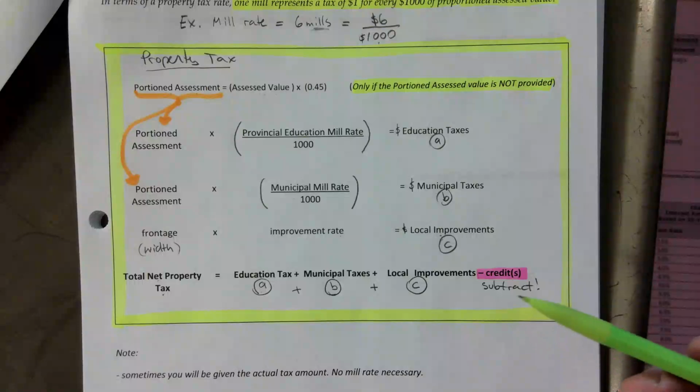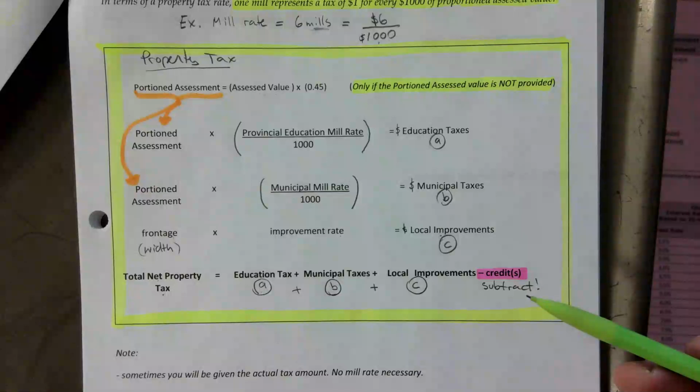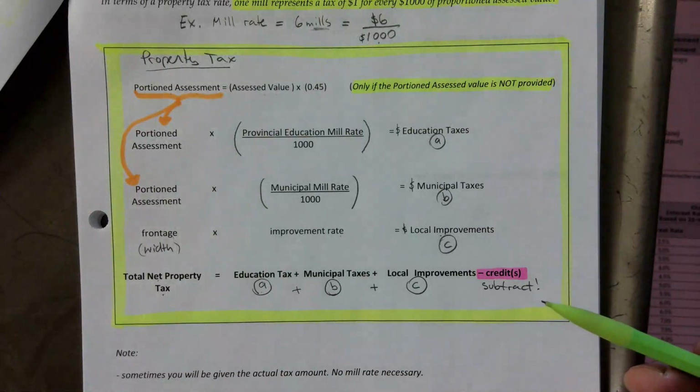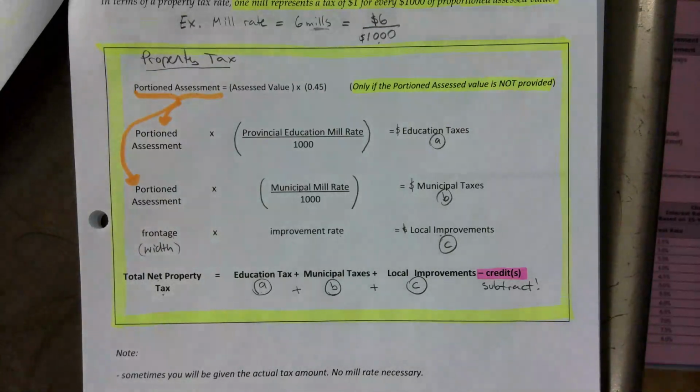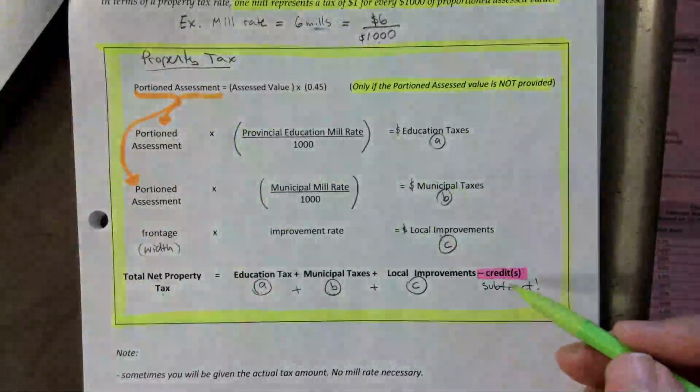The credits are when the government finds out that or the city finds out that they didn't end up using all the money, you get money back, which is sweet. So how does that happen, Mr. Erickson? If they, for example, didn't use as much money to clear the roads, there wasn't as much snow that year, there might be a surplus, they give it back to you because they're not allowed to profit, right? They have to either invest it or give it back to you. So if there's a credit, subtract it.